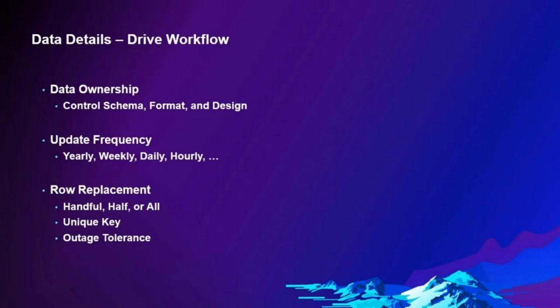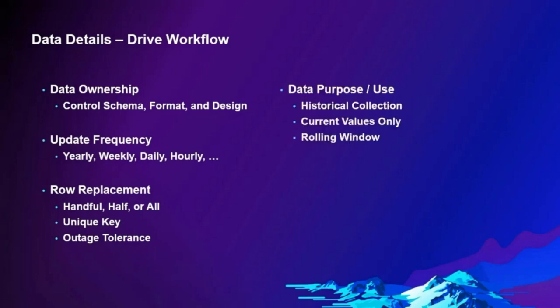And then look at the outage tolerance, what your users can actually comfortably accept if you need to make a change or an update to that service. How long can it be down? Another thing that comes to mind is the purpose of this data, of the service itself.